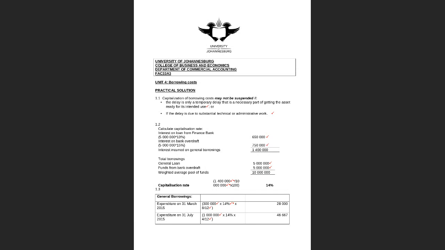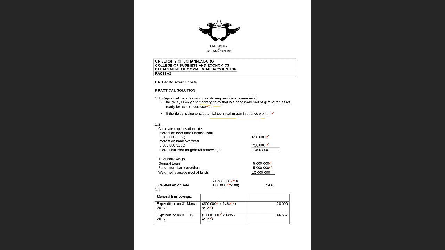It says that capitalization of borrowing costs may not be suspended if, like we said, there's a temporary delay, or if the delay is due to technical or admin work. Those are the keywords we look out for when we mark. If you mention something about a temporary delay, or technical or admin work, you would get the marks.